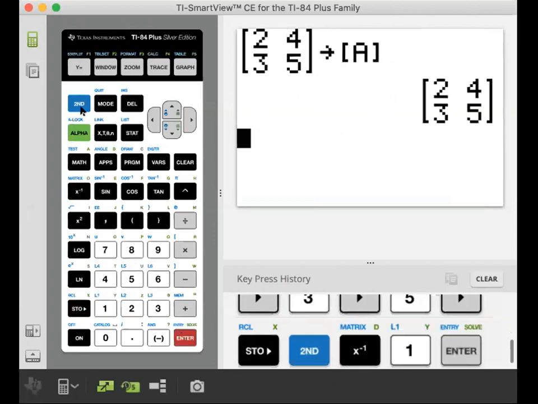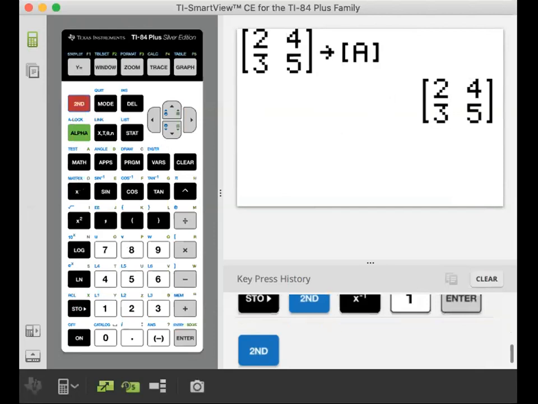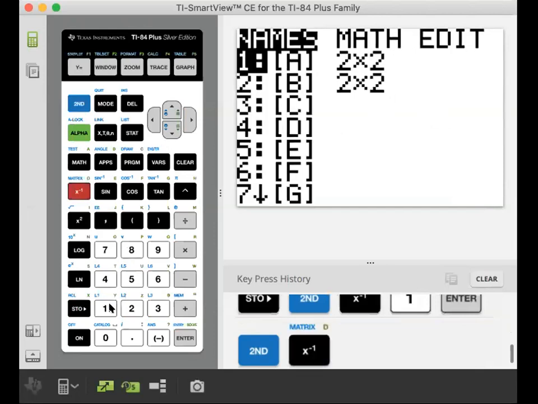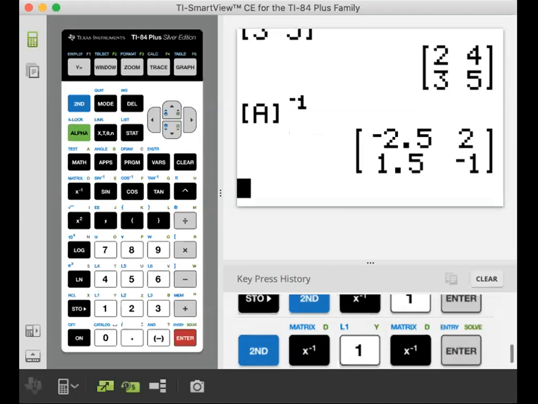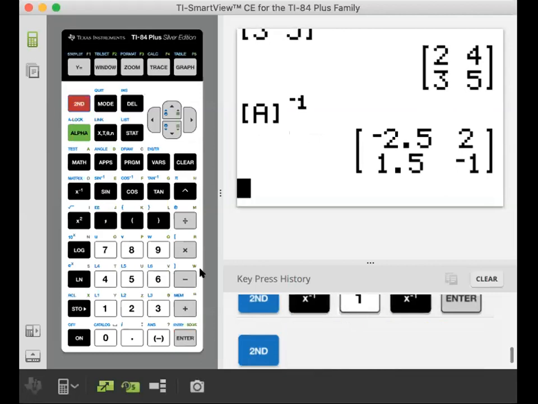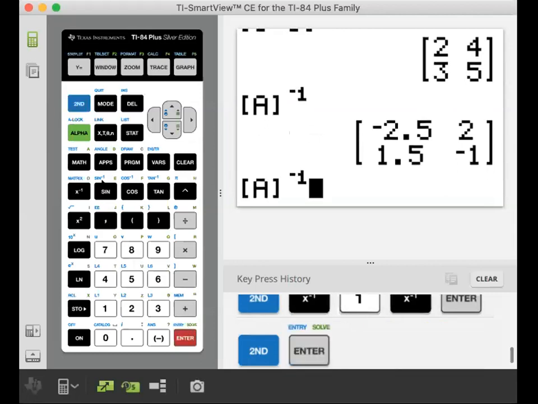And when I say second matrix A, and I put this little, actually it's the inverse, to the -1, it's not really the reciprocal, but it is the multiplicative inverse. If I hit enter, I get my answer. Actually, I sometimes like to go like this and say math, enter, enter.